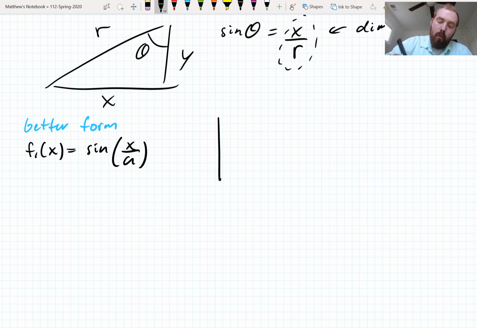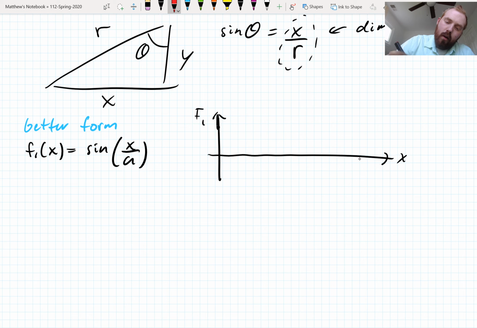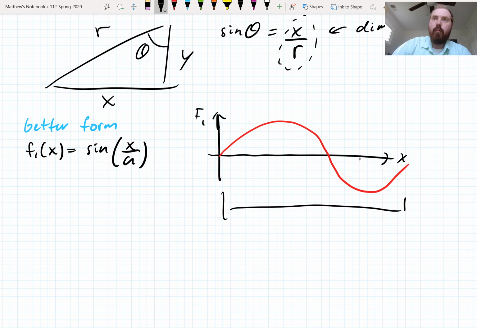Well, what does my plot look like now? f1 will be a longer wave. What's the wavelength of this thing? There, the wavelength is 2 pi times a, this quantity we've introduced.